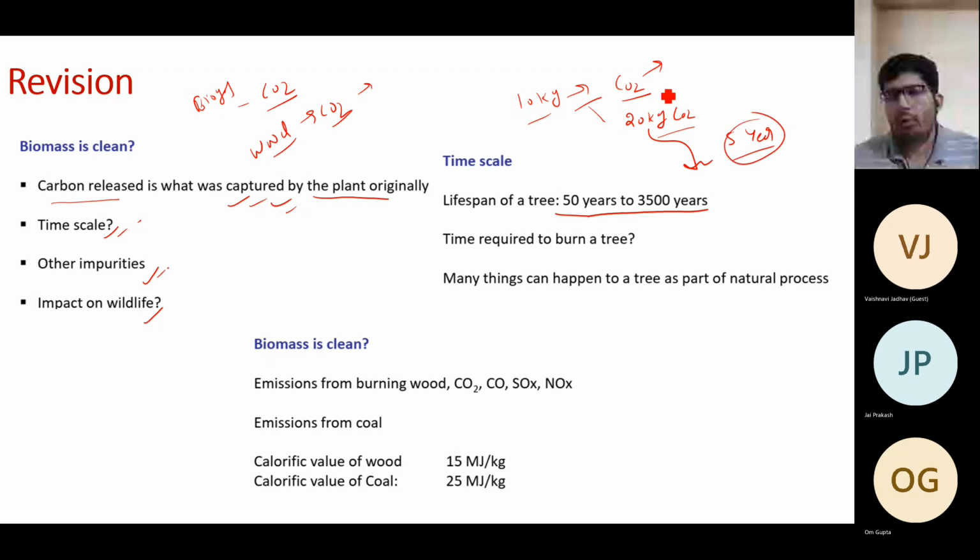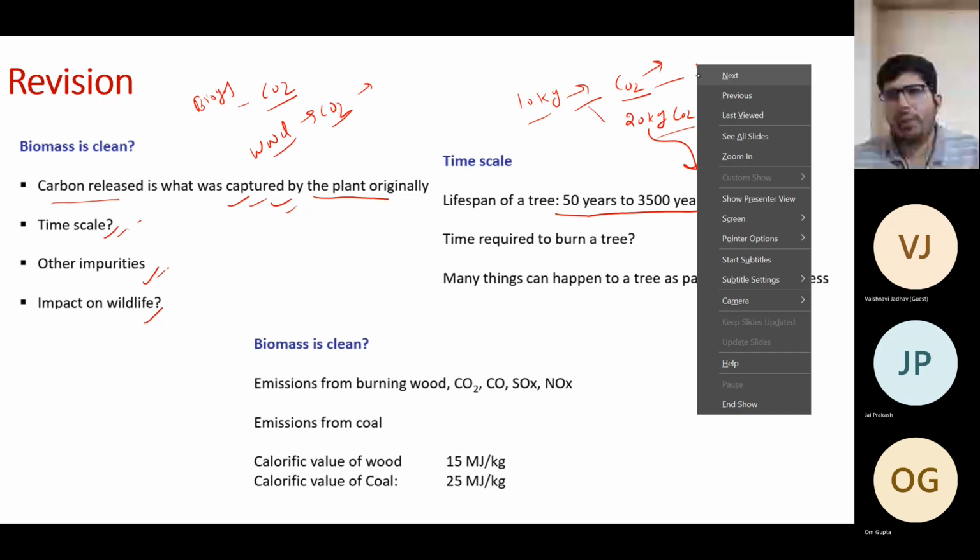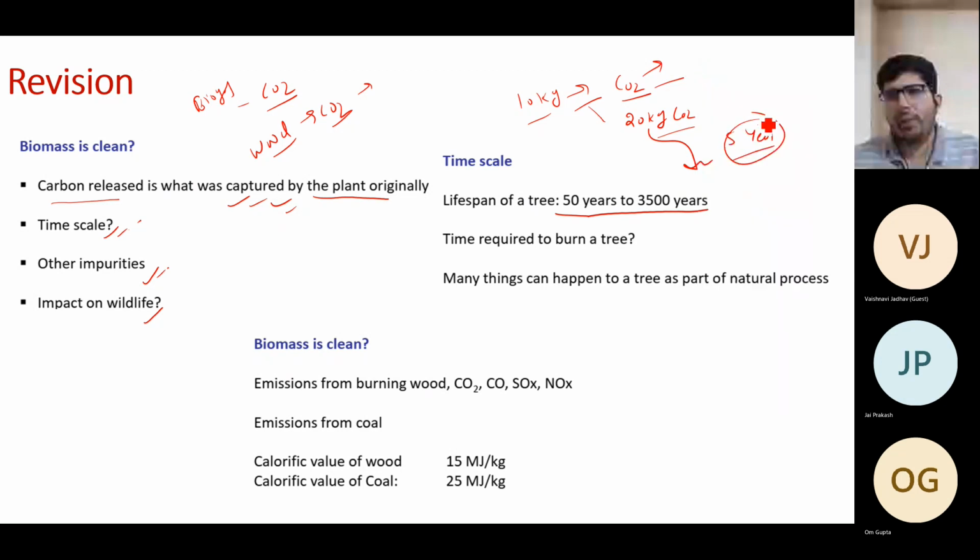So you can see the timeline. We have generated this much CO2 in just 1 minute, but it's taking 5 years for the balance. Many things can happen to a tree as a part of natural process. Maybe you are planting a tree, so there can be many possibilities. So in this way, by considering a time scale, it is difficult to say that burning of biomass is clean.